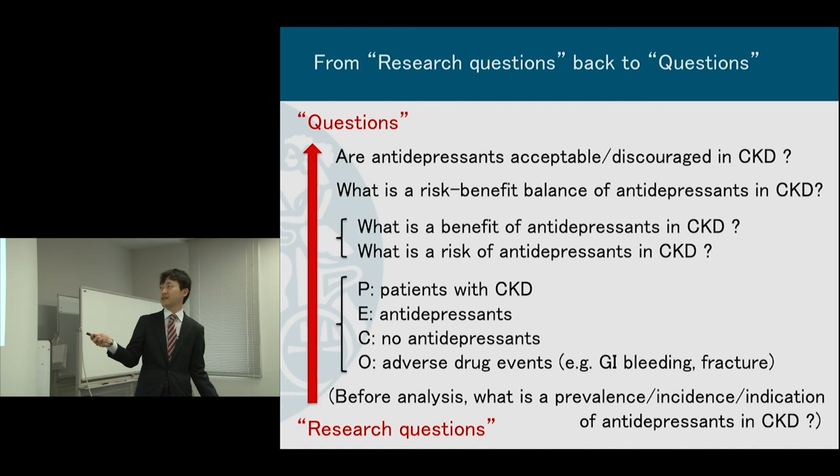And an RCT suggested that the benefit was not there. So in terms of risk-benefit balance, probably we should say antidepressants shouldn't be prescribed generally for patients with CKD. I didn't have any answer 5 years ago, but now if I'm consulted by a junior resident or a psychiatrist, maybe I could advise him or her that generally it's not recommended.